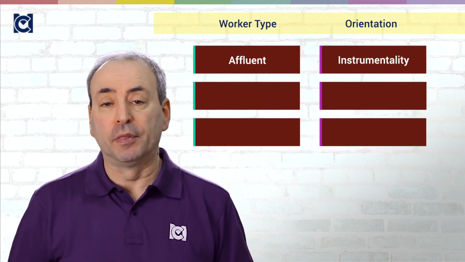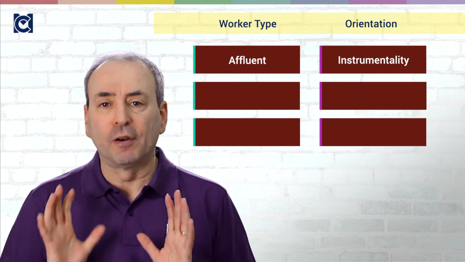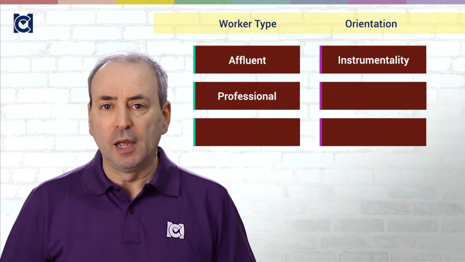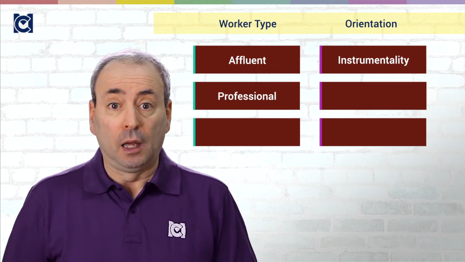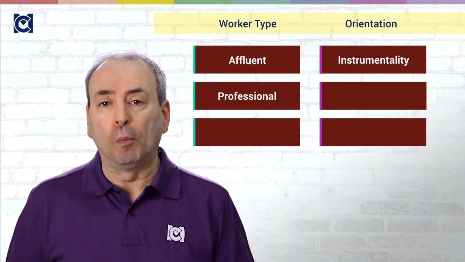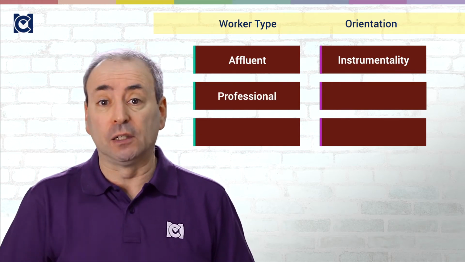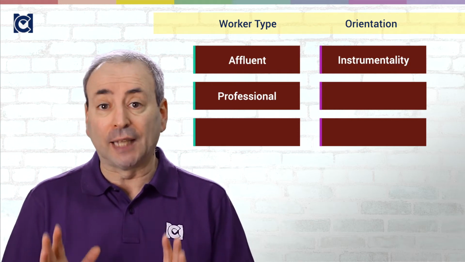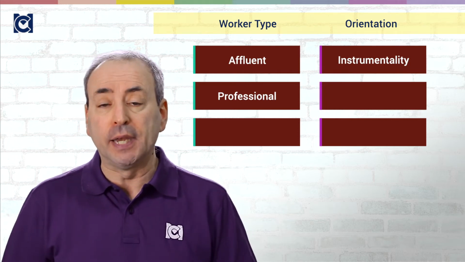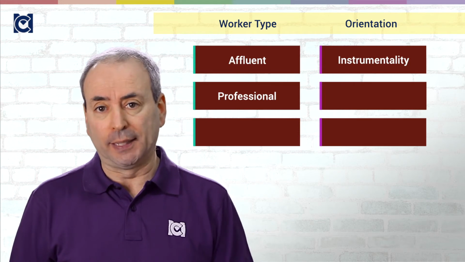The second type that they identified was professional. These are people who have come up from either a privileged background or possibly a low privileged background, but acquired a degree of professional skills. They identify themselves as professionals. They have a pride in their expertise and knowledge base.